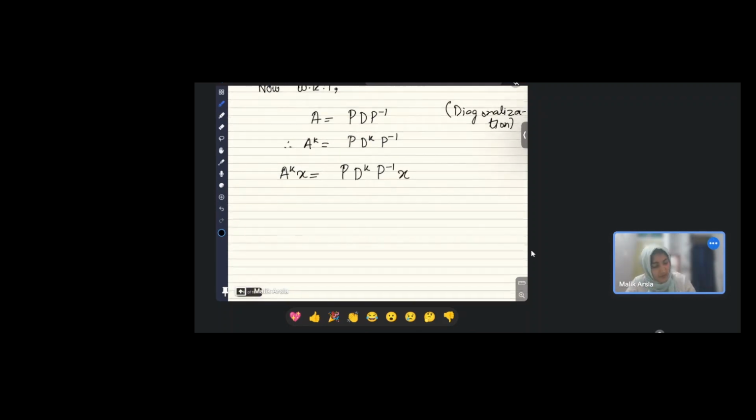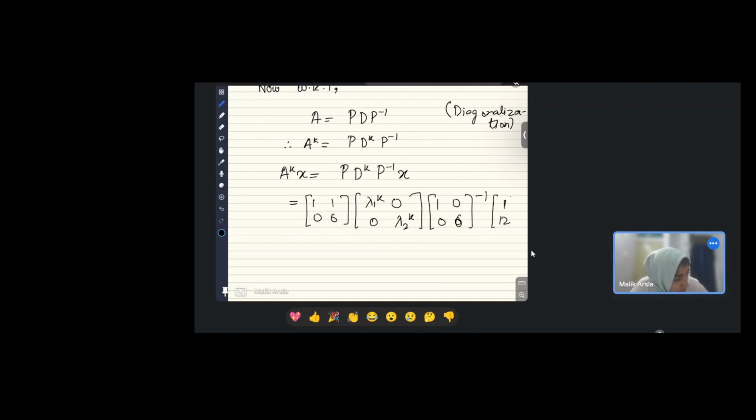Solving this gives us [1, 1; 0, 6] times [lambda 1 to the power k, 0; 0, lambda 2 to the power k], and P inverse is [1, 1; 0, 6] inverse, and the vector x, which was given to us as [1, 12].